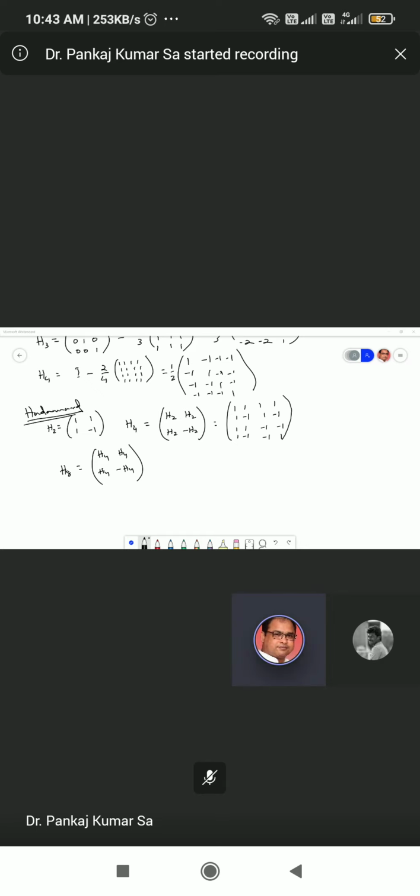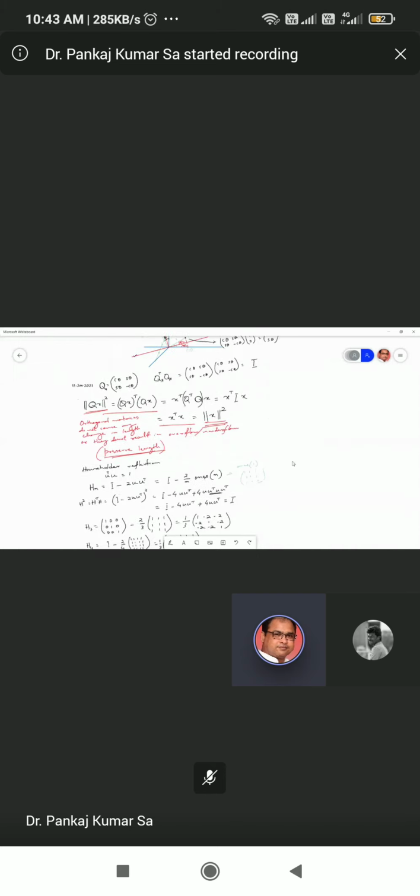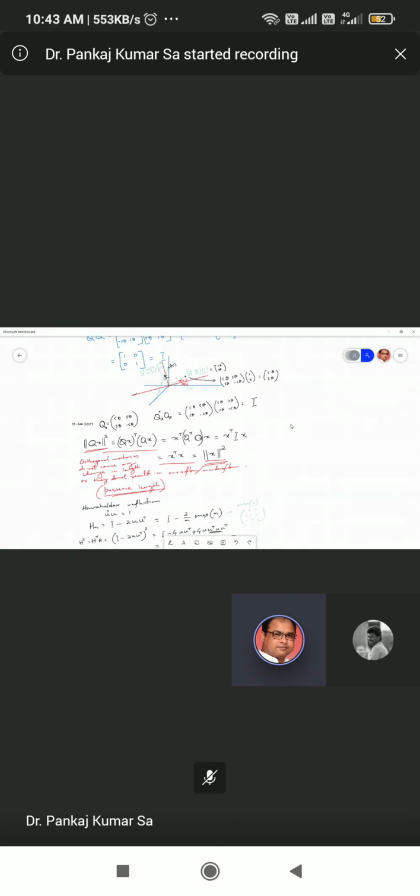So like that things continue. We have many such matrices, but the bottom line remains the same: Ax equal to b, that what we started in the very first class and will continue to do so.